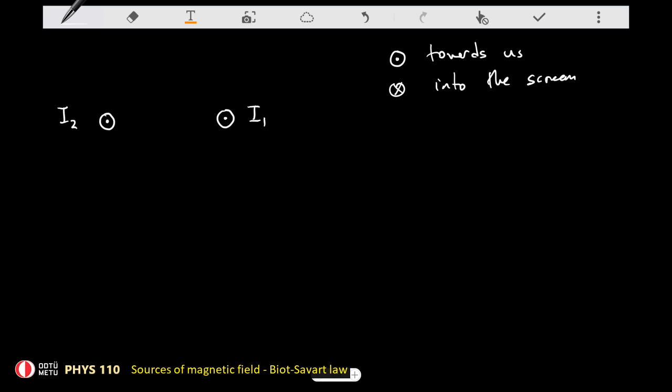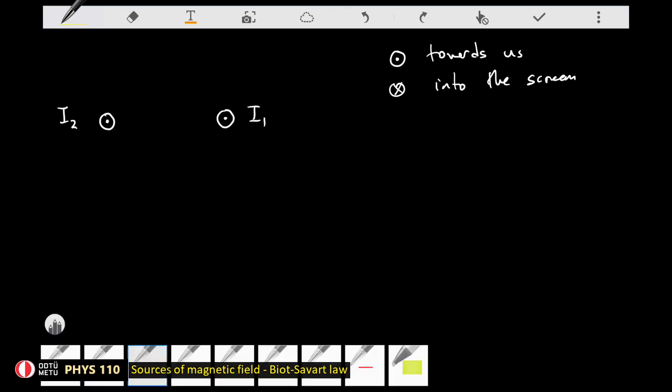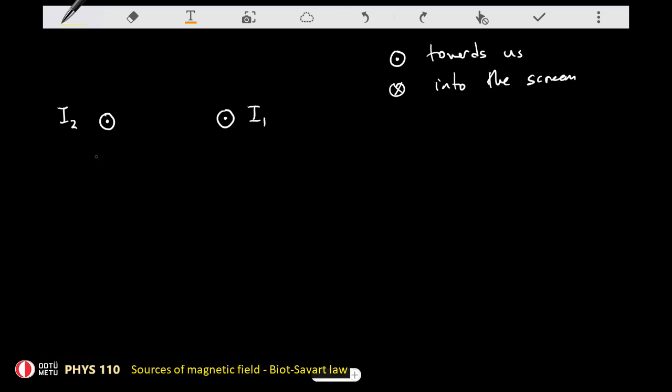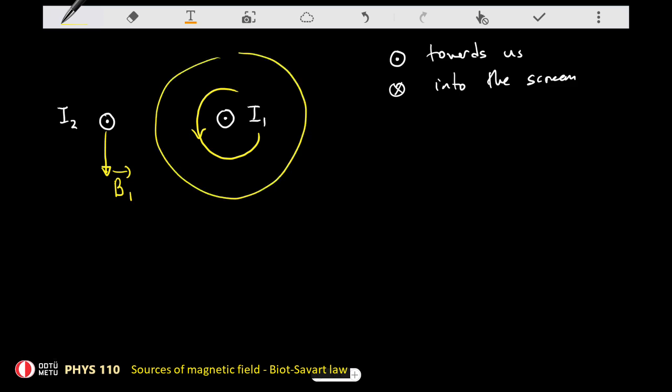Again, let's first compute the force on the second wire. For this purpose, I just compute the magnetic field produced by the first wire on the second one. So it's basically the right-hand rule. Just remember that this first wire produces magnetic field lines, which are circles, and these circles are coaxial with the wire.